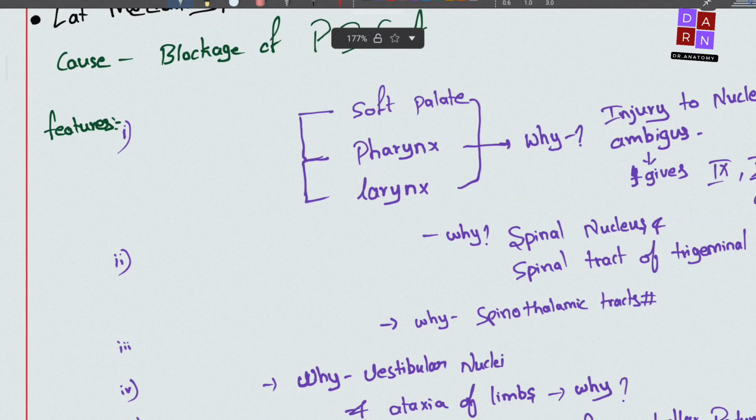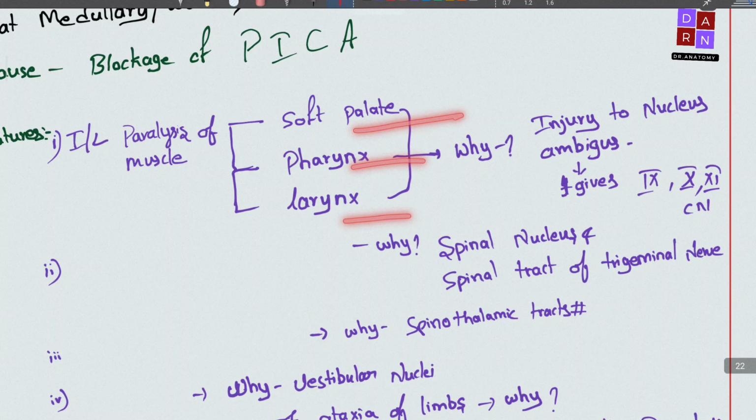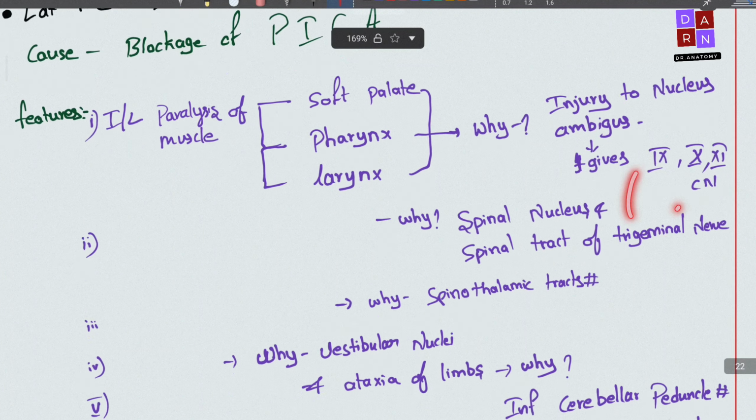Ipsilateral paralysis of the muscles of the soft palate, pharynx, and larynx. Why? Because the nucleus ambiguus is involved, which gives rise to the 9th, 10th, and 11th cranial nerves.